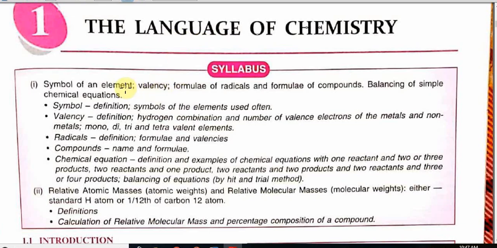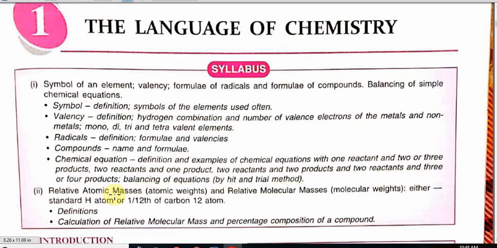The syllabus: symbol of an element, valency, formula of radical and formula of compound, balancing of simple chemical equations, symbols, their definition, symbol of elements often used, valency, definition of valency, combining a number of valence electrons of metal and non-metal, mono, di, tri, tetravalent element, radicals, definition and formula, compounds, name and formula, chemical equation, definitions as well as examples, and balancing of chemical equation by hit and trial method.